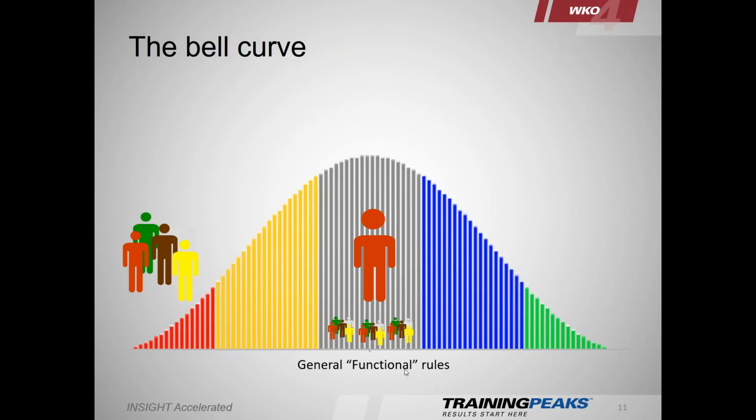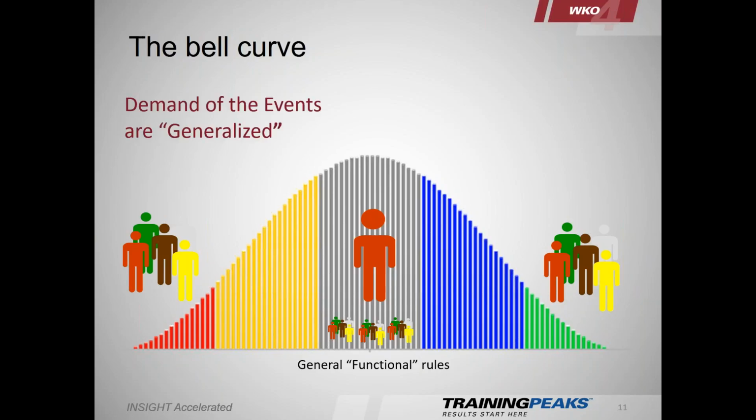But the reality is, in these general functional rules, you have some people way over here that don't fit in the bell curve, and then clearly you have some people way over here that don't fit in the bell curve. And actually it goes a little deeper. At the time we didn't have a lot of power data and we didn't know what it was like to ride certain events, a crit versus a mountain bike race versus a time trial.